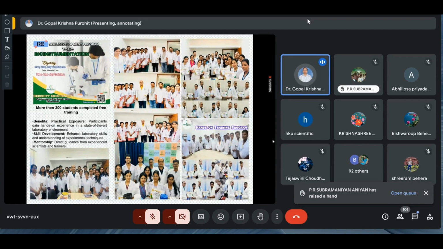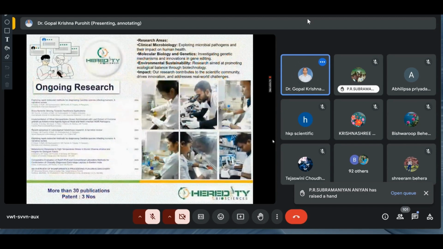And our mentors guide them from time to time on how to utilize these experiments in their careers. As you know, we also have an internship program going on.